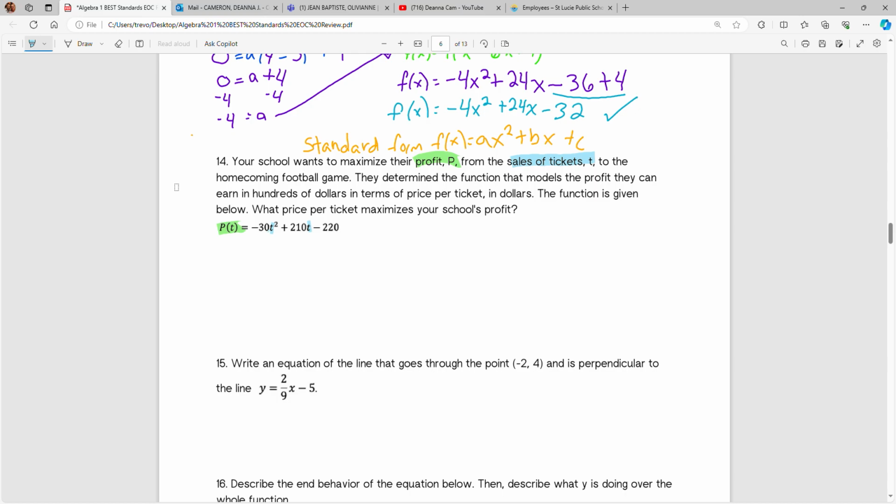They determined the function that models the profit they can earn in hundreds of dollars in terms of price per ticket in dollars. The function is given below. What price per ticket maximizes your school's profit?